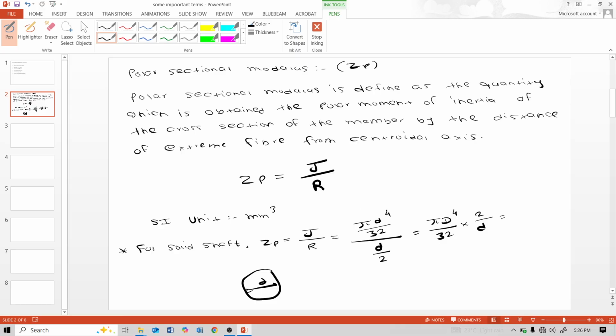This gives pi d cube upon 16. This is the solid shaft polar sectional modulus, pi d cube upon 16.